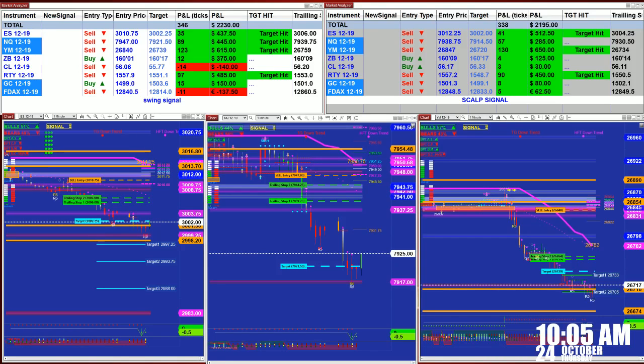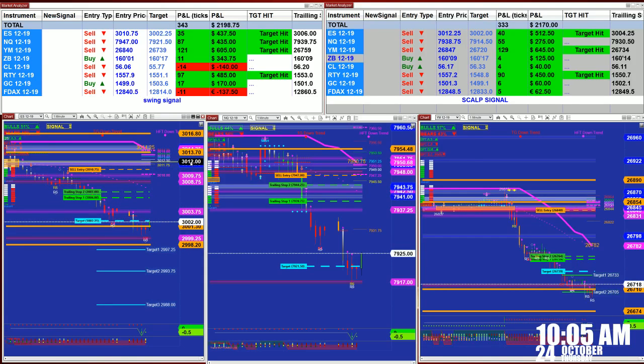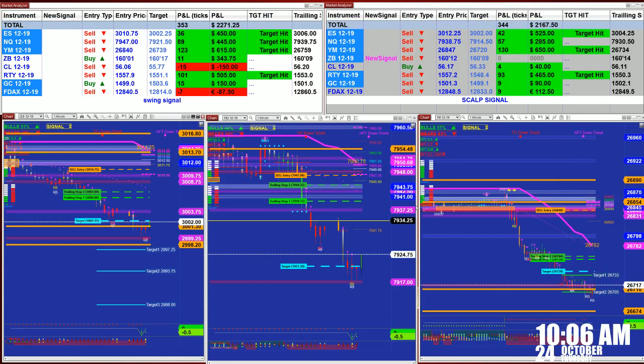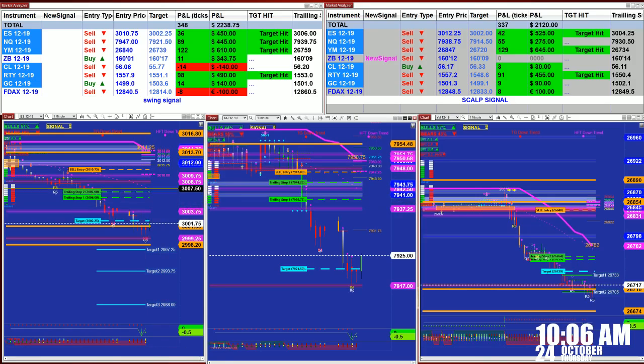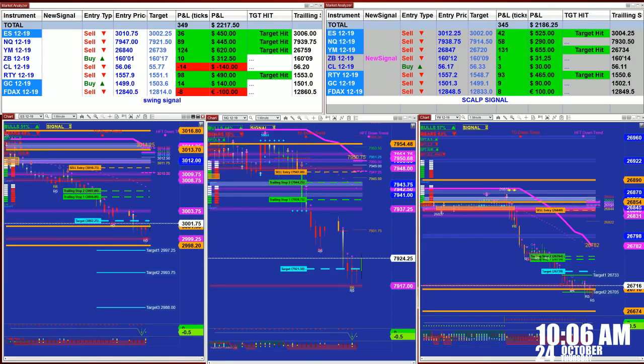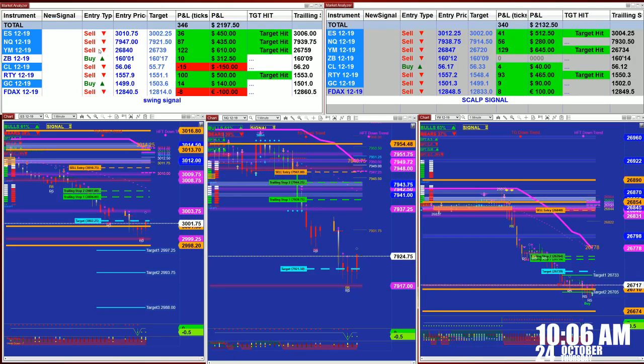A huge drop, and it is over. It is done on the short side, and then we will be looking for a long signal when it's ready.